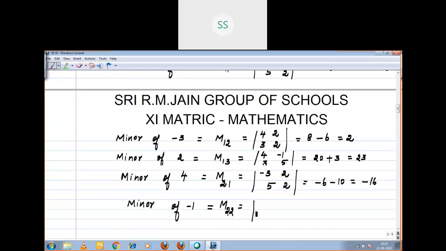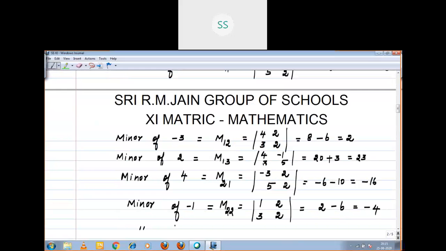What should be the rest? 1, 2, 3, 2, which is equal to 2 minus 6, product of main diagonal minus product of sub-diagonal. One is small, positive, negative. Do the subtraction and put the greater number's symbol.